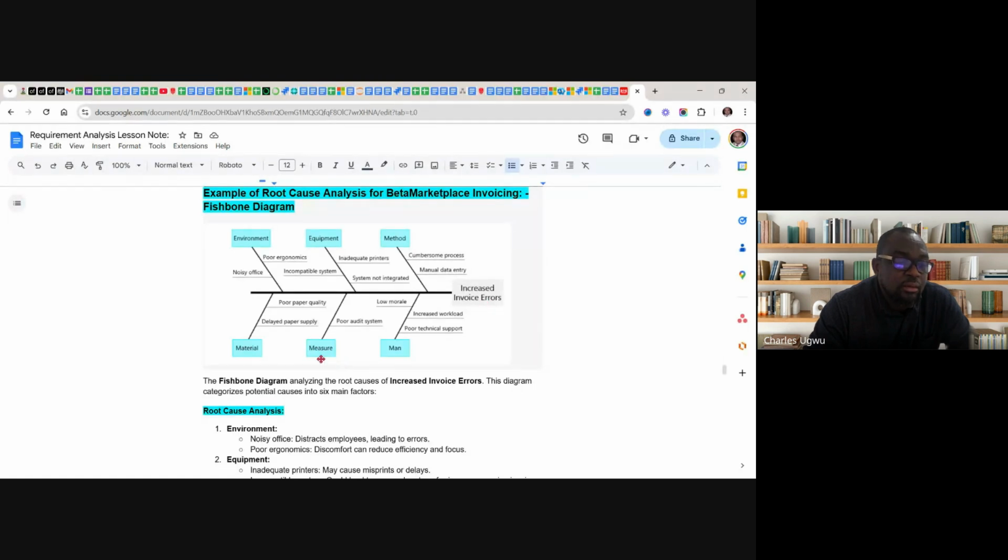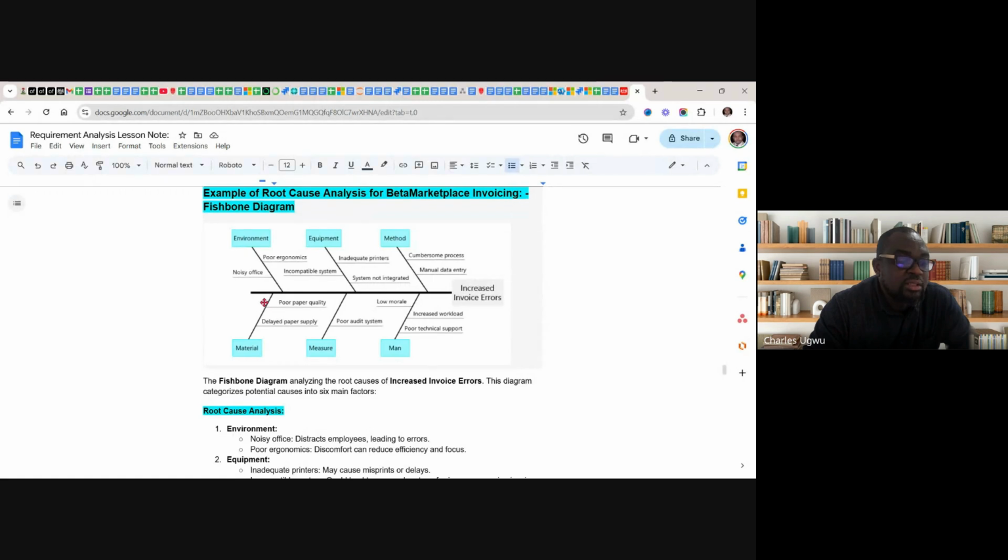And then measure. Here, poor audit. It could be from poor auditing. Then the equipment used: inadequate printer, system not integrated.